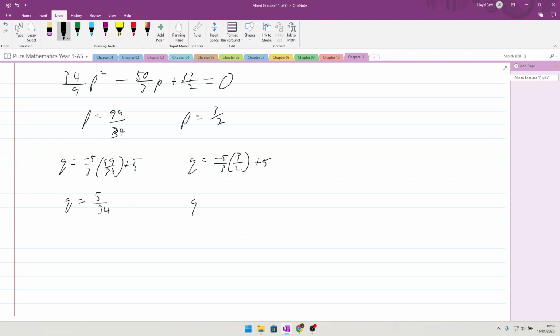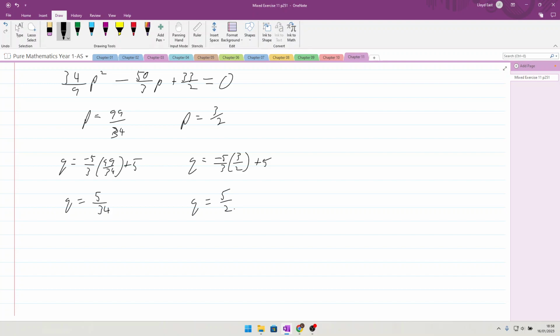And over here, q is equal to minus 5 divided by 3 multiplied by 3 over 2, minus 5 over 2 plus 5 is 5 over 2.